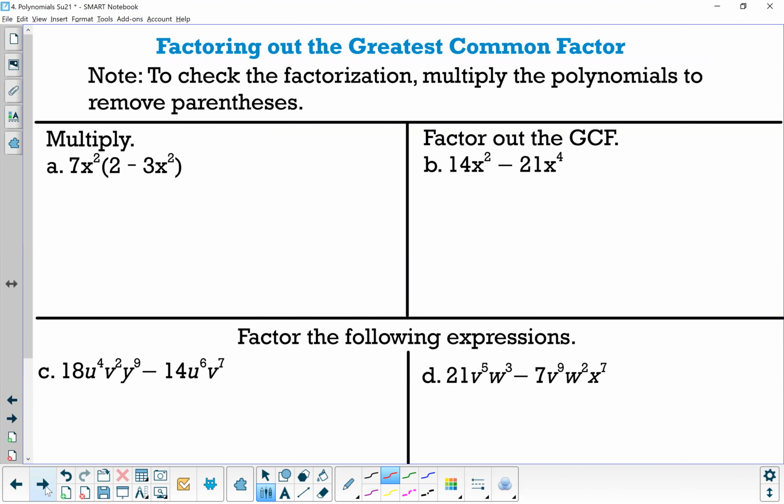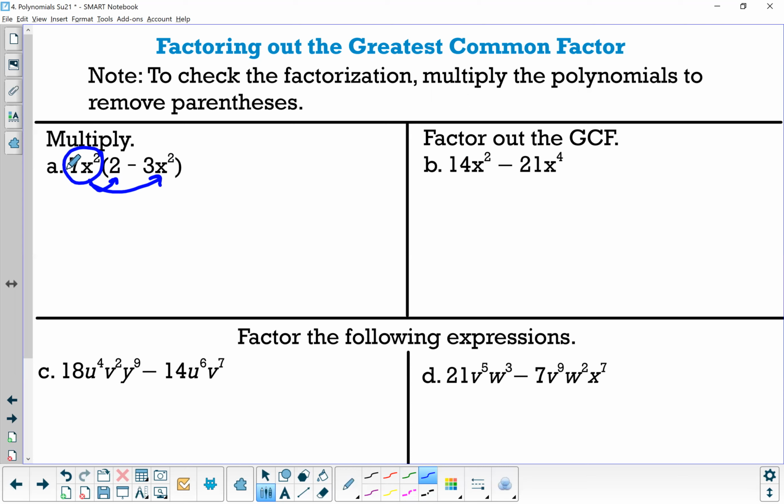All right, so a little bit of review. Previously, we have here the expression multiply 7x squared, parentheses, 2 minus 3x squared, close parentheses. So we know that when we multiply this out, we're going to distribute the 7x squared to the 2 and to the 3x squared.